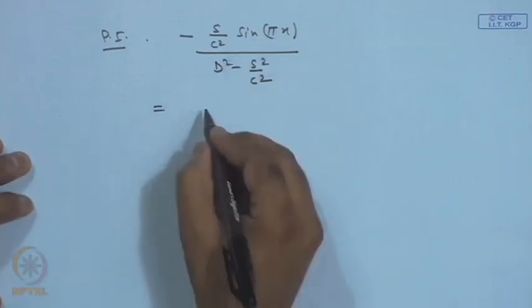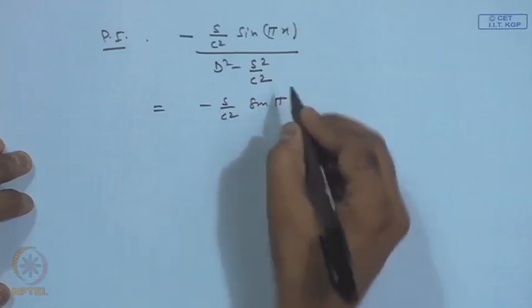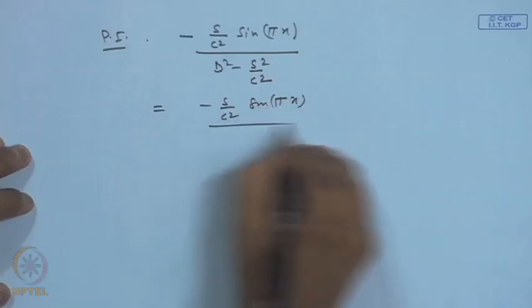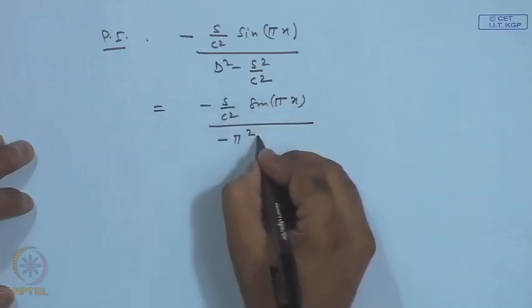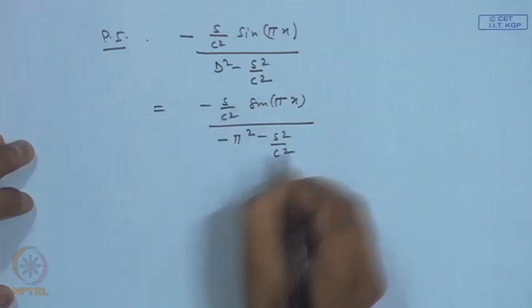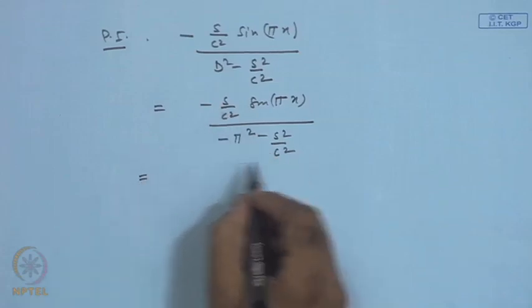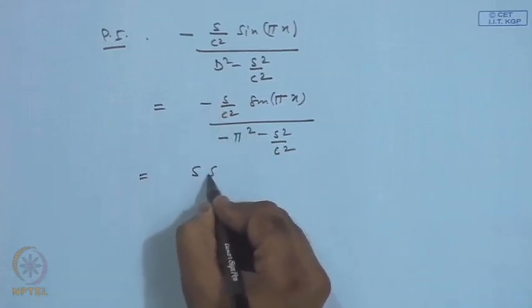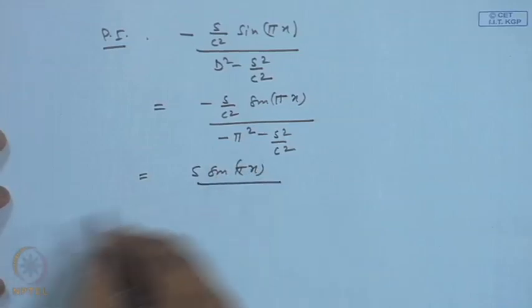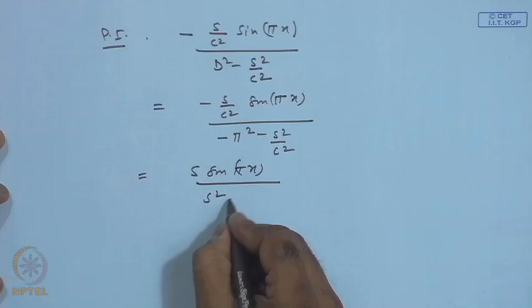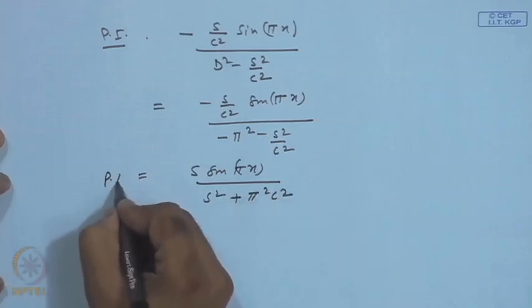So D square will be minus pi square. So we have minus s over c square sin pi x over minus pi square minus s square over c square. So the c square gets cancelled, and the minus signs cancel too, and we have s sin pi x over s square plus pi square c square. This is our particular integral.